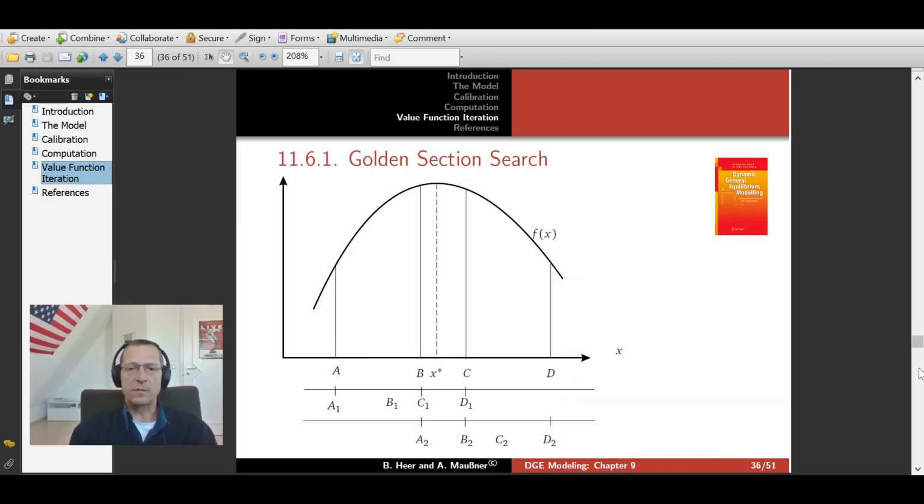Now, the advantage of this method, the golden section search, is that it's really reliable and converges to a relative maximum. Of course, if we have many maxima, we can end up in the wrong one, but if we have a well-behaved value function, and this is mostly the case, at least in our application, this is the method that's reliable and robust. And we will use this method, golden section search, in our optimization routine.